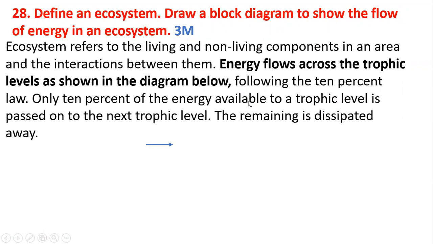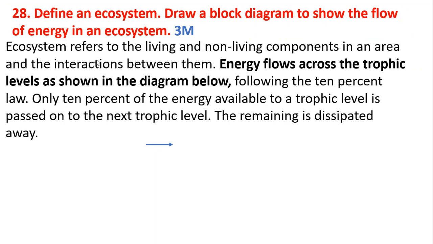Yeah. Here, define an ecosystem. Draw a block diagram to show the flow of energy in an ecosystem. You know that ecosystem means interaction, how living and non-living things are interdependent on each other. The interaction between living things and non-living things is nothing but an ecosystem.